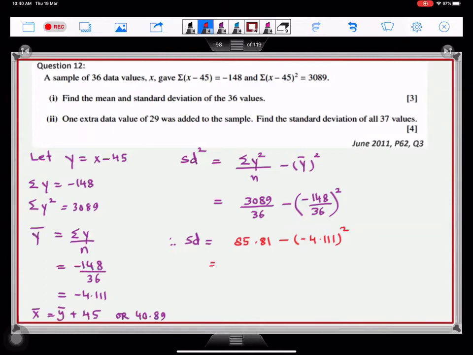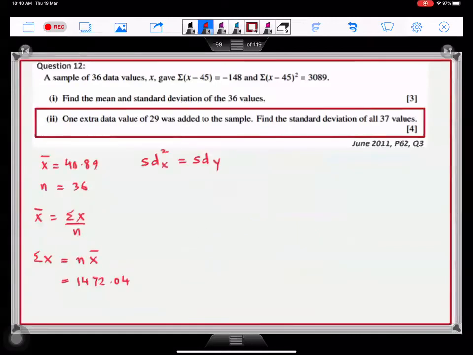So this comes out to be 85.81 minus 16.90, which is the square. 85.81 minus 16.90 comes out to be 68.91. So 68.91 is the variance, and SD would be the square root of 68.91. And instead of variance, let me use the words standard deviation, square root of 68.91.